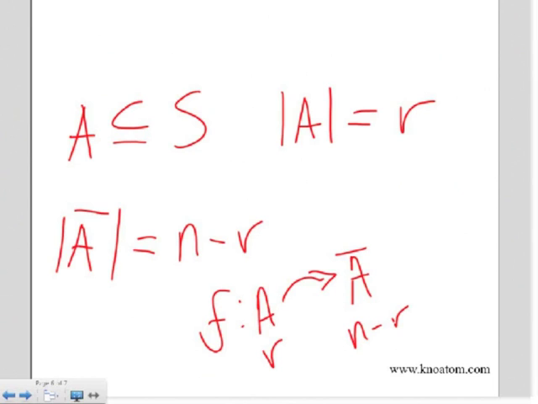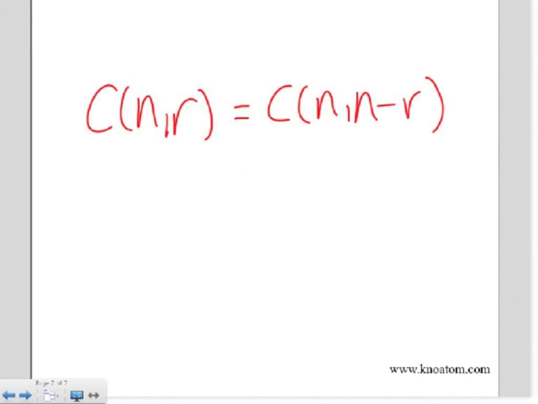And so it follows that the identity I originally presented, C(n, r) is equal to C(n, n minus r), holds, because when there's a bijection between two finite sets, the two sets must have the same number of elements. Recall that a bijection between A and A complement can only be a bijection if it's onto and one-to-one. If A complement somehow had an extra element, we couldn't cover the entire codomain, and that wouldn't be a bijection. So it follows that this is a bijection.